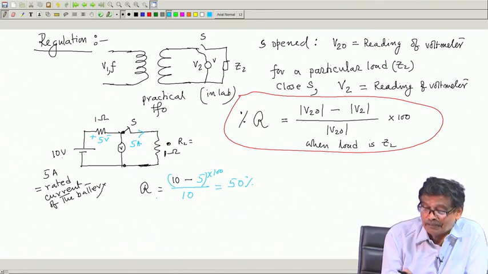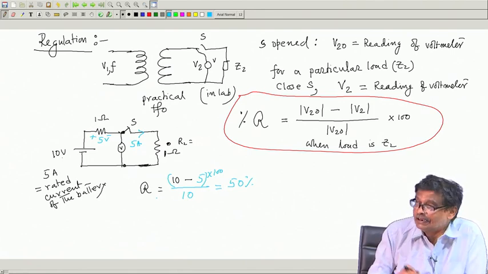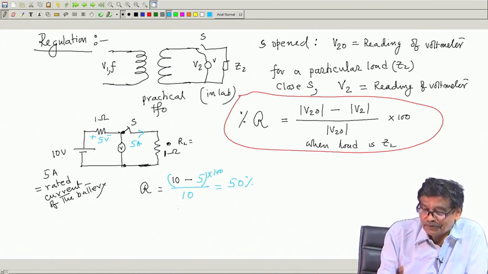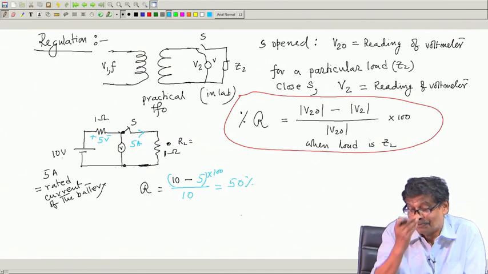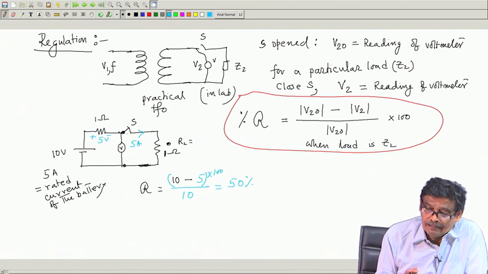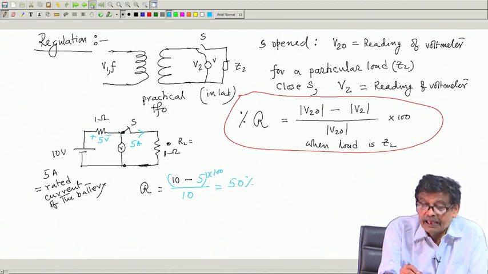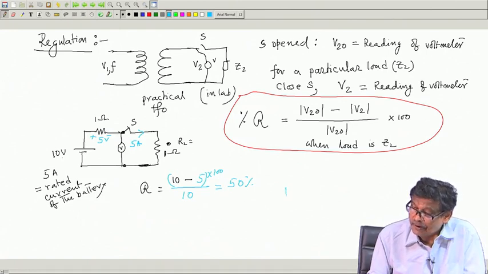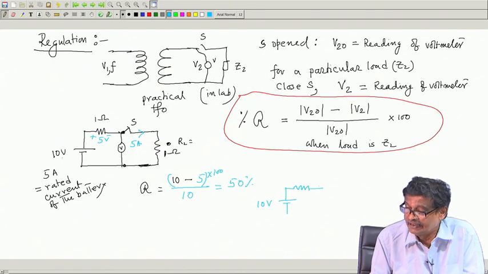You thought you will supply your load with rated voltage, but at the moment you connect load, the voltage drops from 10 volt to 5 volt. It is not a good source. A good source will be perhaps, oh sorry, you take the same battery, another battery, suppose there is another battery which has got internal resistance say 0.1 ohm.